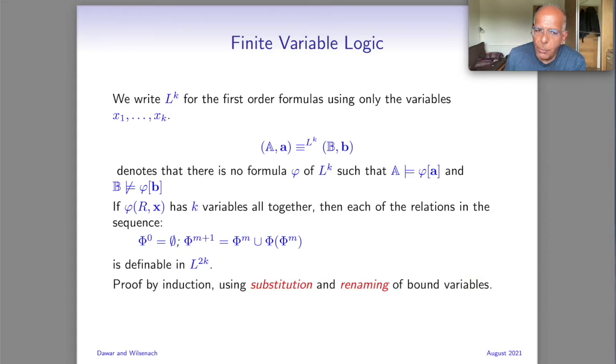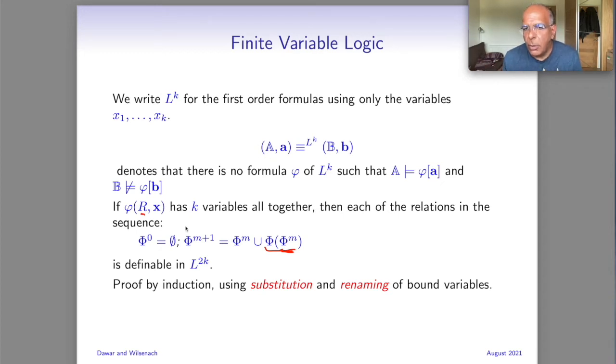I'm not going to run through a proof of this, not in the lecture anyway. It's a proof by induction using substitution and renaming of bound variables. So the idea is that you inductively have a formula for phi m, and you get a formula for the next stage by substituting that formula for phi m in phi for all occurrences of the relational variable r, and you have to rename variables to avoid capture.